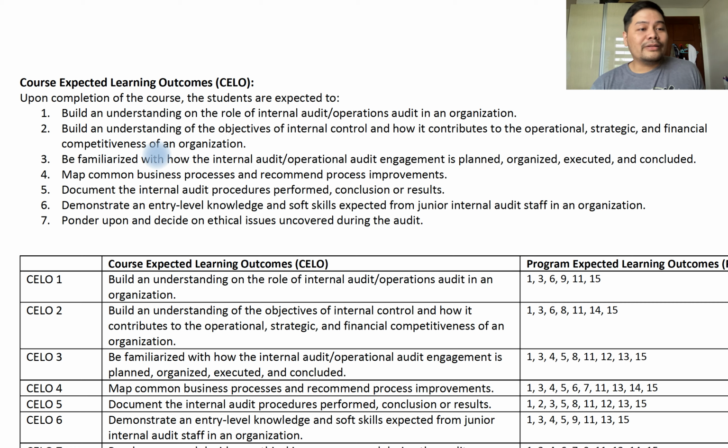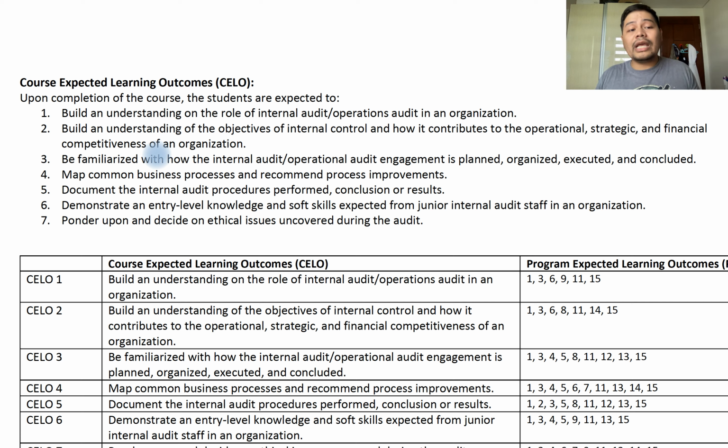And number 4, not yet the end, number 4, you're expected to map common business processes and recommend process improvement. So here, as much as possible, we hope you document or create a system flow chart, what we mention in number 4.